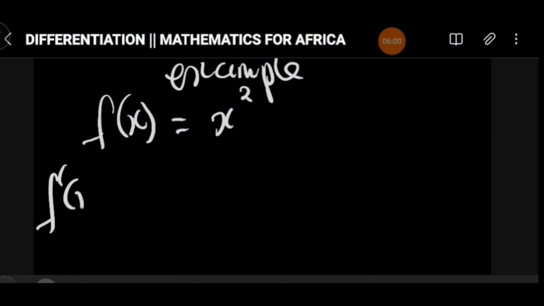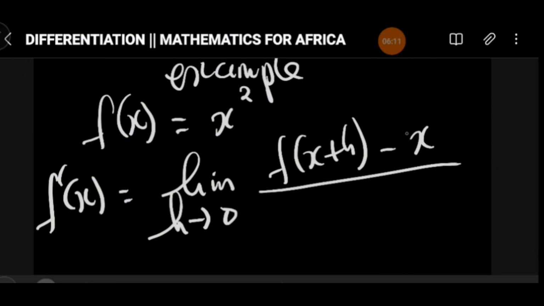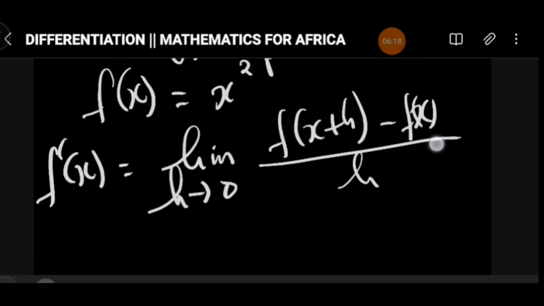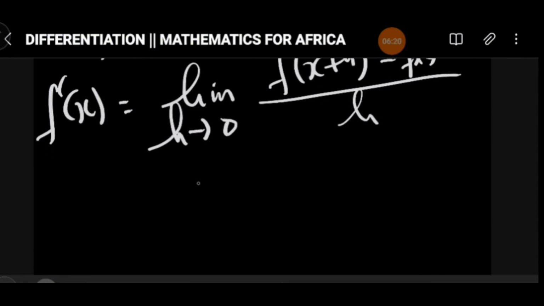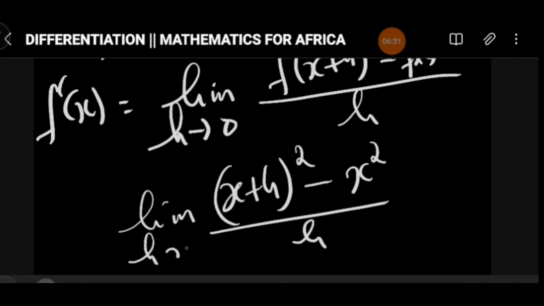Our f prime of x will be equal to the limit as h tends to 0 of f of x plus h minus f of x all on h. But now our f of x is simply what? x squared. So we'll now be having x plus h all squared minus x squared all on h, limit as h tends to 0.